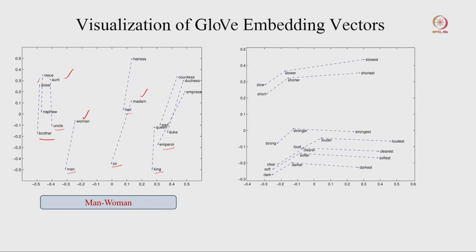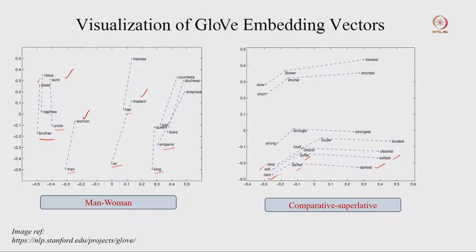This is the placement of the word embeddings in the vector space, and we see the comparative and superlative forms. So, if you see dark, darker, darkest, similarly soft, softer, softest, then we have loud, louder, loudest, clear, clearer, clearest, strong, stronger, strongest, short, shorter, shortest, slow, slower, slowest.